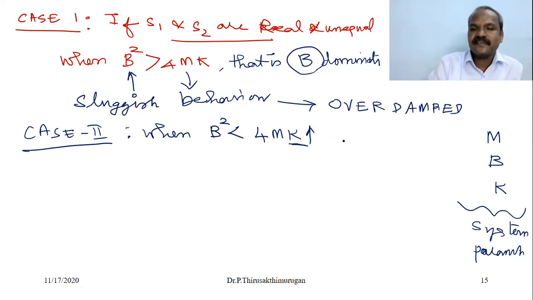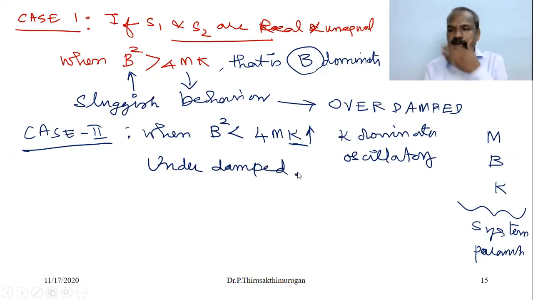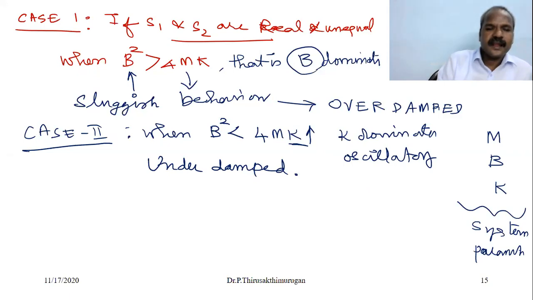In this case, the stiffness constant k dominates. So it is oscillatory. This response is called under damped.